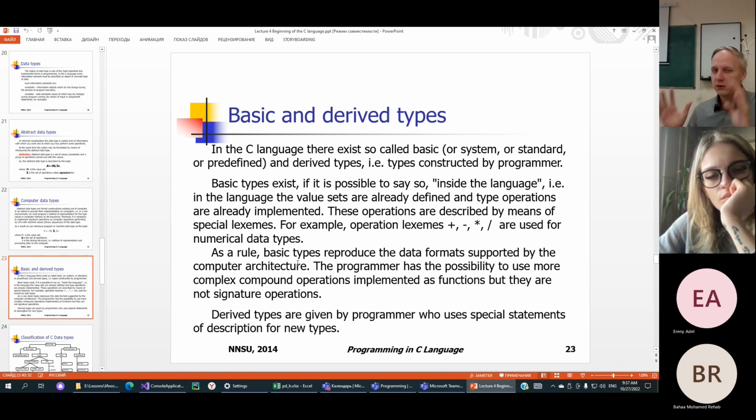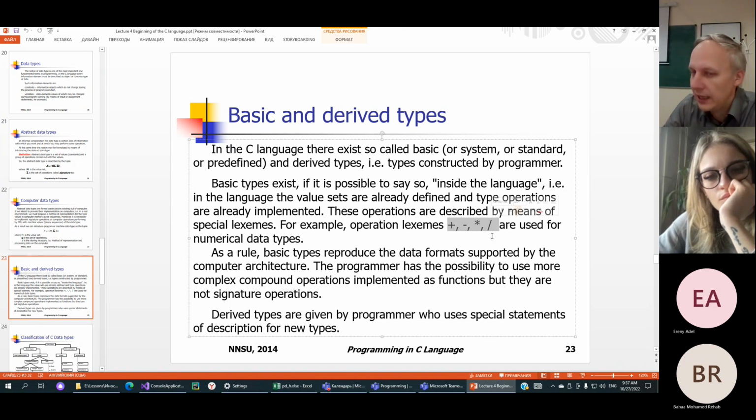So their set of values and set of operations and storing structure are already implemented. For example, these signs are used for notation for the operations for the numeric data types.